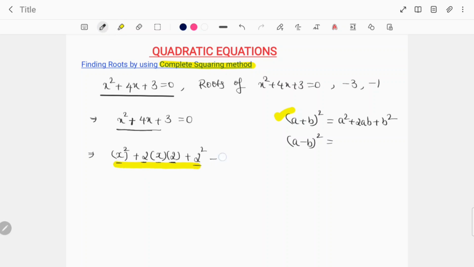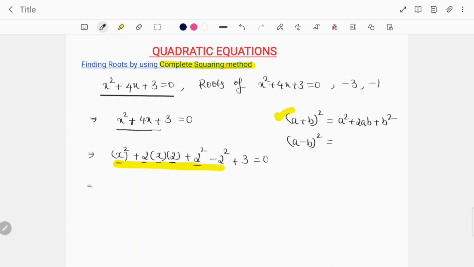As well as we have to subtract it, and then the remaining 3 we write as it is. Why are we adding and subtracting? Adding gives these three terms the formula of a plus b whole square, and subtracting means the value won't change. If we don't subtract, the value will change.